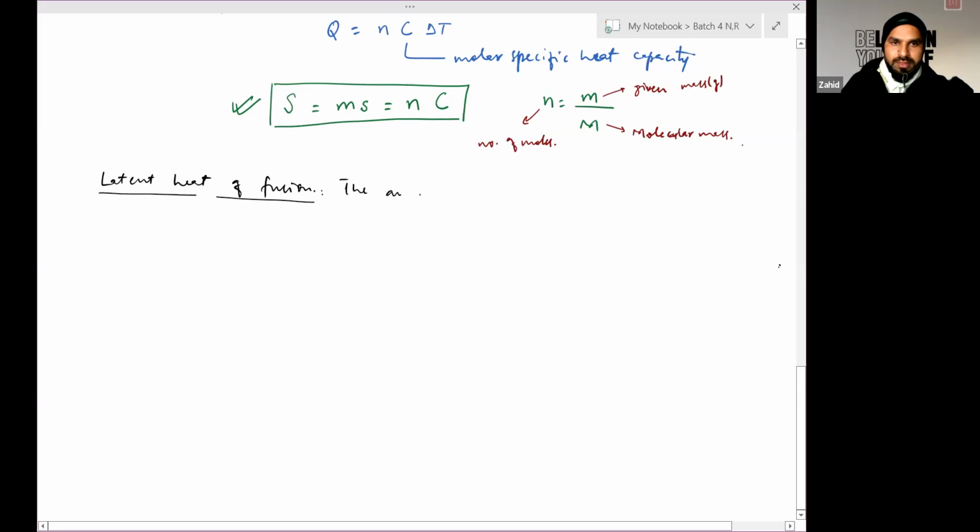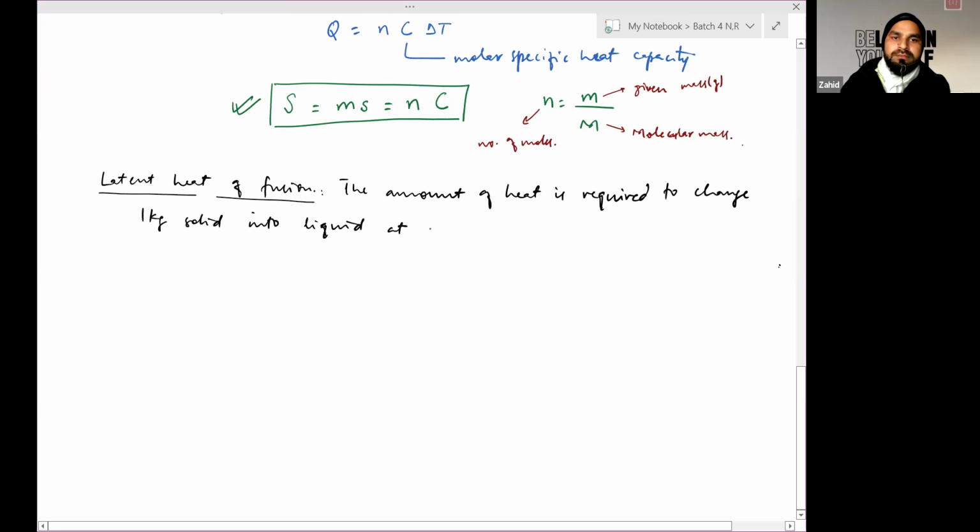It is the amount of heat required to change 1 kg of solid into liquid at normal atmospheric pressure and melting point.